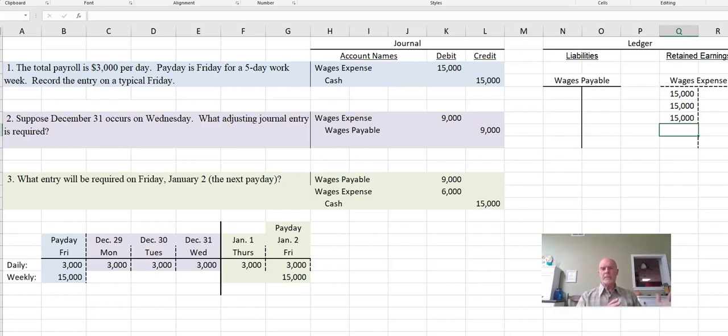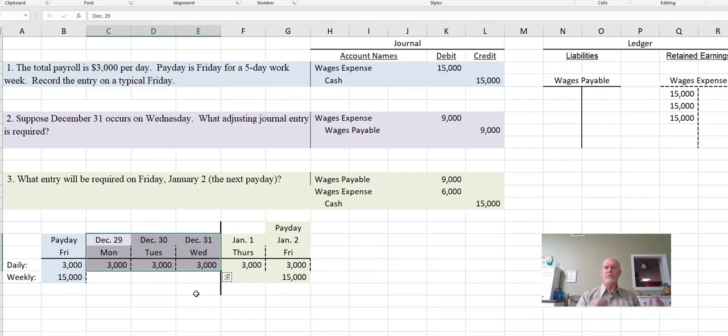What's different when we get to the end of the year is December 31st falls between paydays. So in this case, the 31st is on Wednesday. So we've had 3 days of wages that have already been incurred, but we're not going to pay for those until payday.